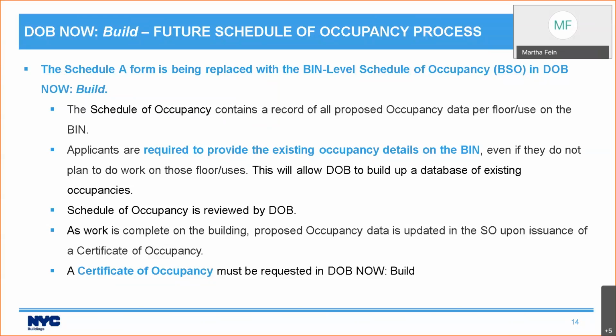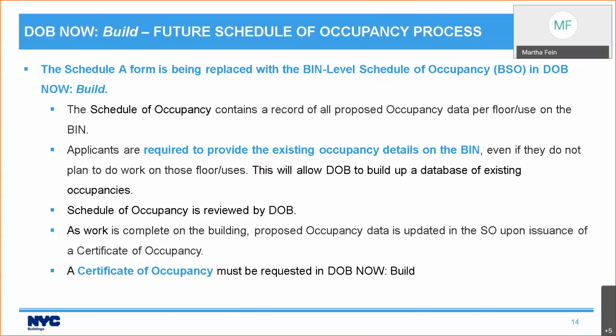And the reason for this is that later on, when someone else comes to do work on that same bin and they're doing an Alt-1 job, when they go to request a certificate of occupancy, it's going to automatically pop up with all of the existing occupancy. And then all they have to do is make their changes. So the first time it's going to be a little bit more work.